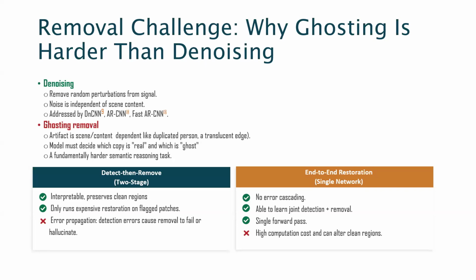If our method makes a detection error and says that a part has the artifact, but it doesn't, that relays to the removal part, so we might remove clean images or patches that do not have artifacts. The second one is a single end-to-end network. But the problem with that is it might not be suitable for mobile, because it needs much more resources, computationally speaking.